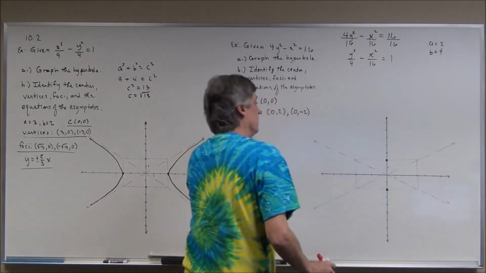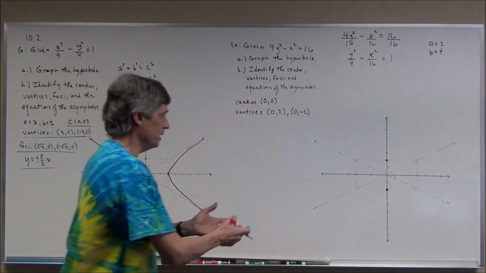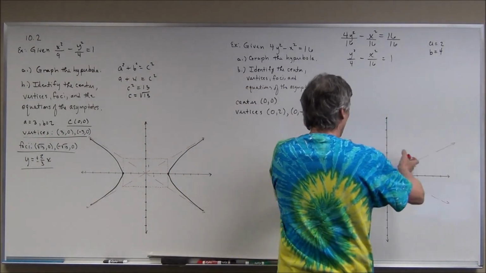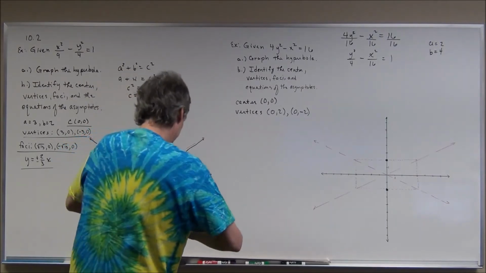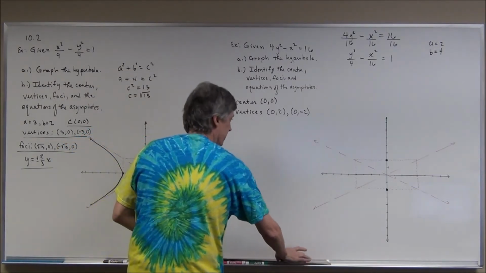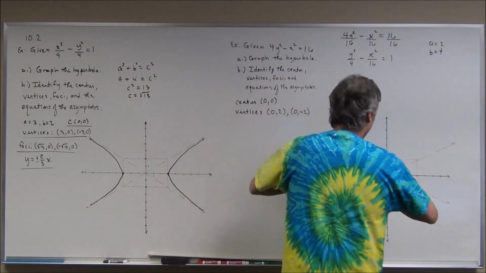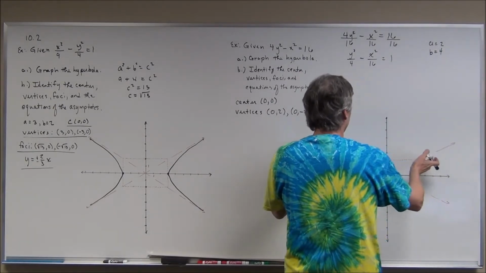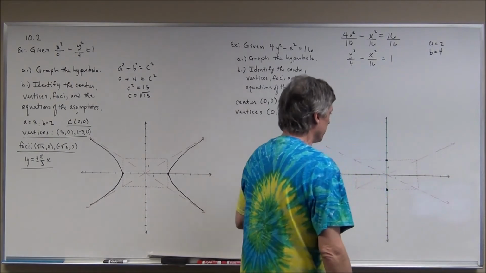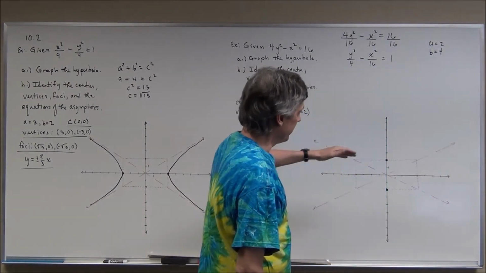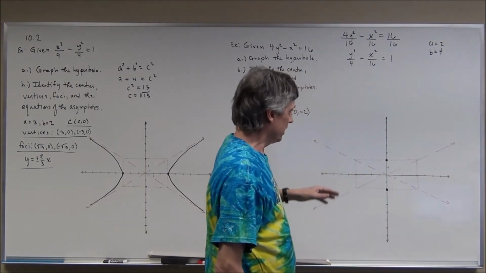Now remember, this one opens upward and downward. And look at the big gap here. This is going to open very wide, upward and downward. Because it opens so wide and because my graph only goes out to about 8 in both directions, I'm not going to be getting that close to my asymptotes immediately.